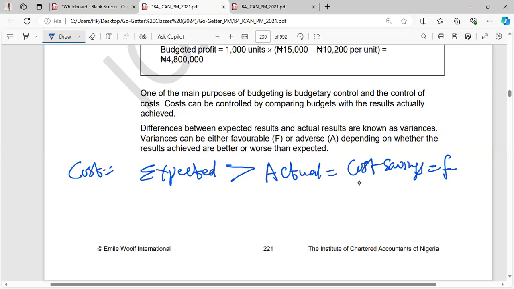So I have 10,000 in my hand, and I go to the market and I buy it at 9,500. So my expected is greater than the actual, and it is cost savings, which is favorable.